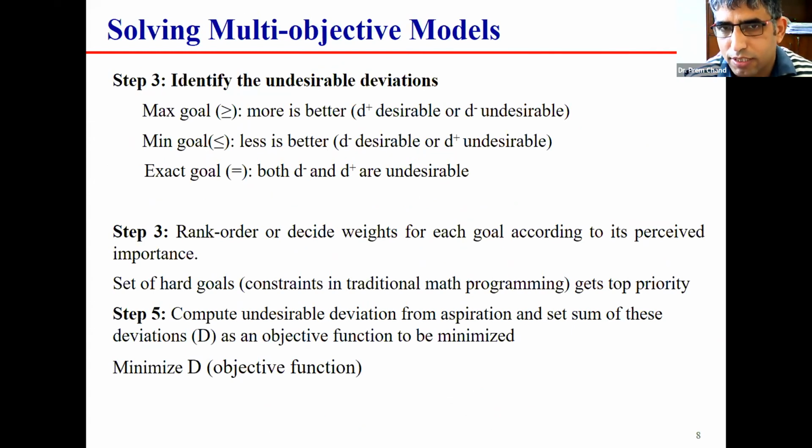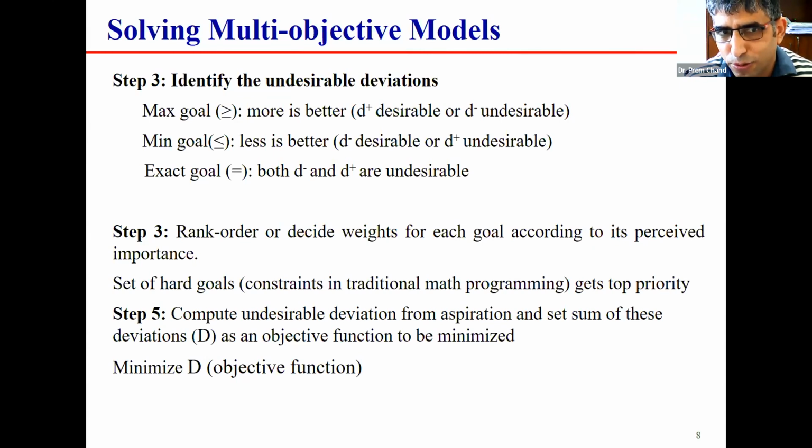We have converted the goal into an equation. Now we have to decide which deviation is undesirable. For a maximization goal, negative deviations are undesirable. Suppose I want to maximize net return, I don't want less than my target, so my undesirable deviation is the negative deviation.